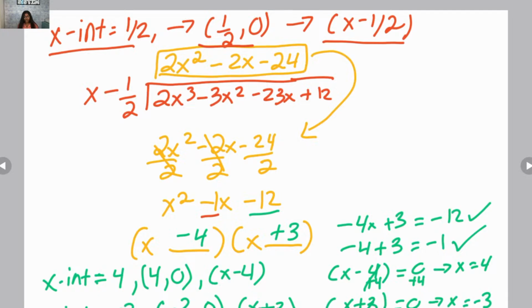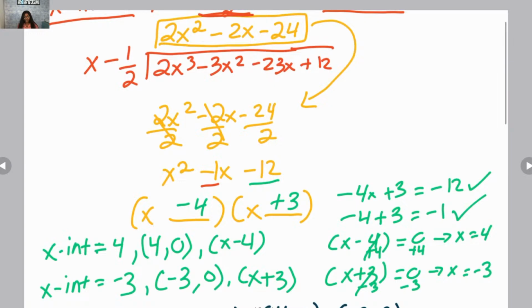So I told you that you can write an x-intercept in multiple ways. You can write it as x-intercept is equal to the number, which is 1/2. You can write it as an ordered pair, 1/2 comma 0. And then you can also write it as a factor, x minus 1/2. When we did that, we wanted to find the rest of our zeros. We knew it was somewhere inside this 2x squared minus 2x minus 24.